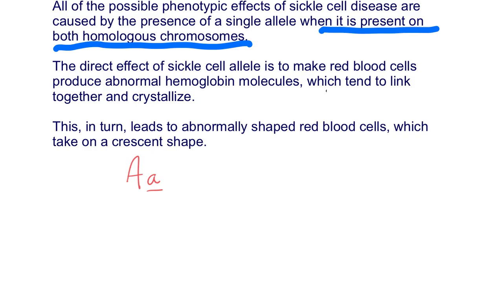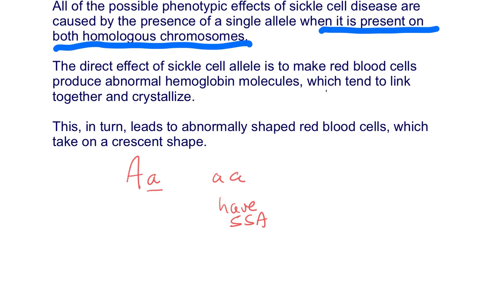So this is the sickle cell anemia allele. If you have little a, 2 recessive alleles, you have sickle cell anemia. Under low oxygen conditions, you will suffer with all the traits we just talked about.